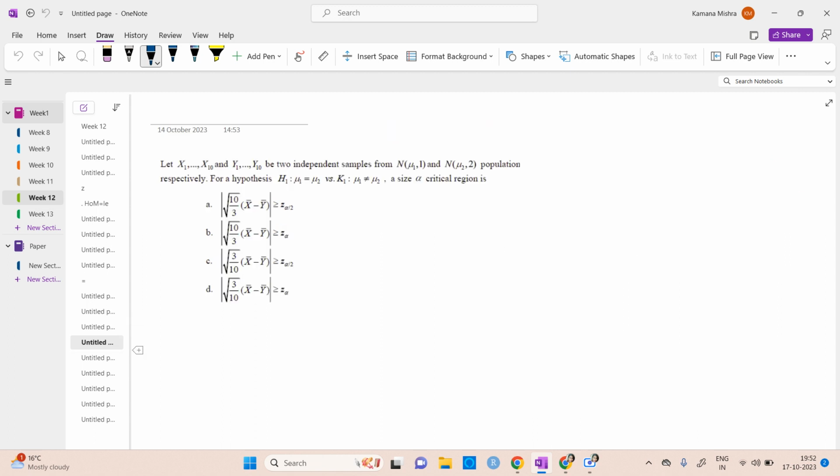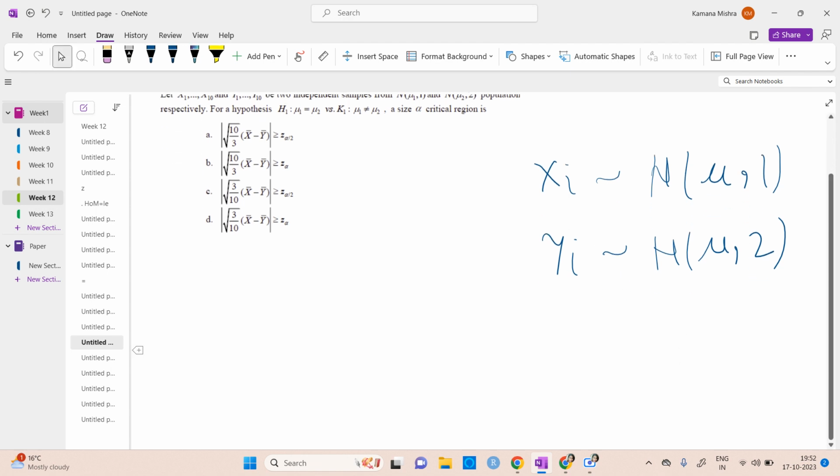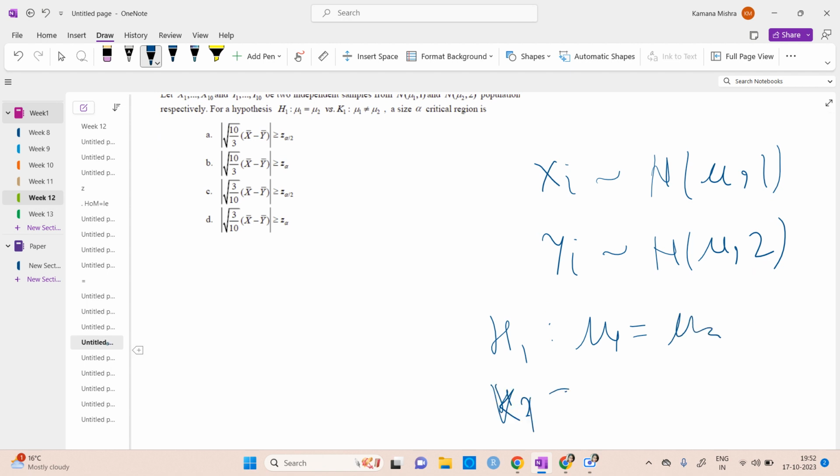The next question is similar to one we have just done, so you can try this. Here Xi follows N(mu1) and Yi follows N(mu2), and the hypotheses are H0: mu1 equal to mu2 and H1: mu1 not equal to mu2.